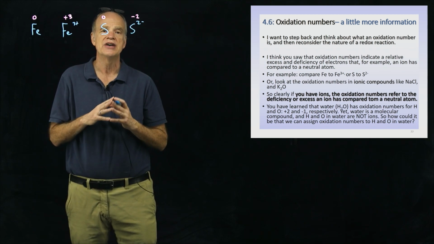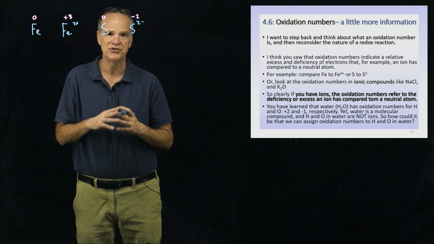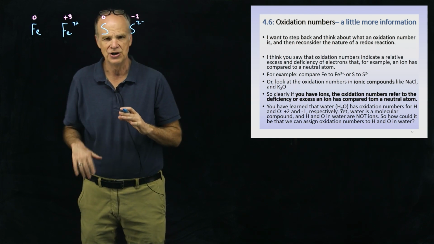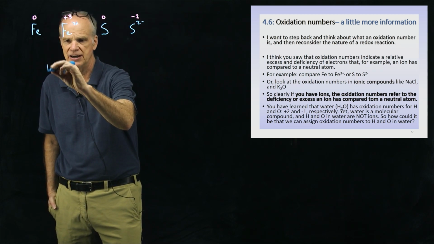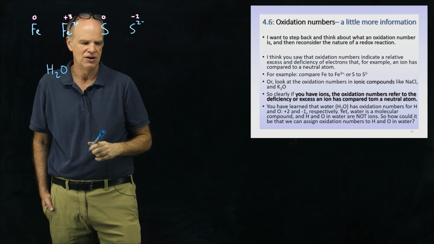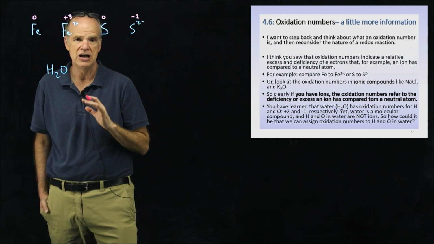So you can see that oxidation numbers clearly show you a relative excess or deficiency of electrons. But one thing you may have noticed is that sometimes we'll have a molecular compound like water. So here is good old water. Now, we've been assigning oxidation numbers to the elements in the water.